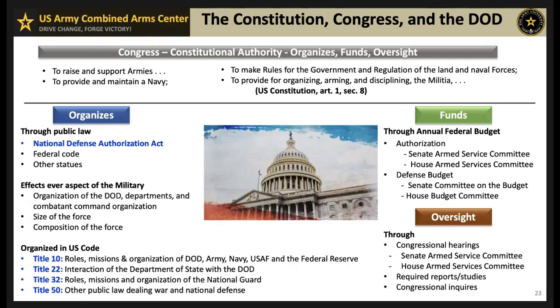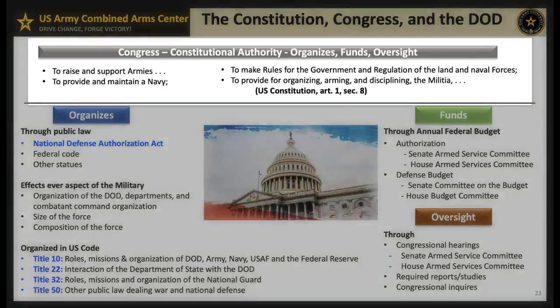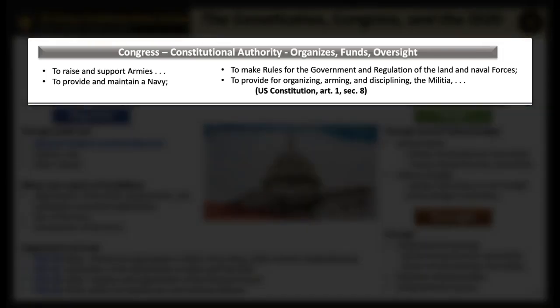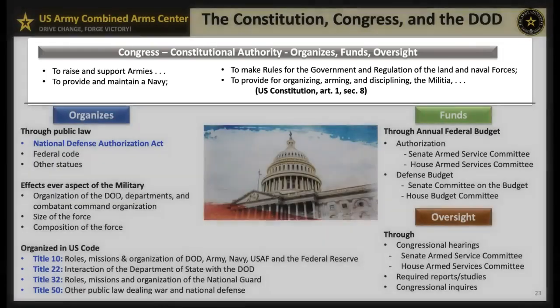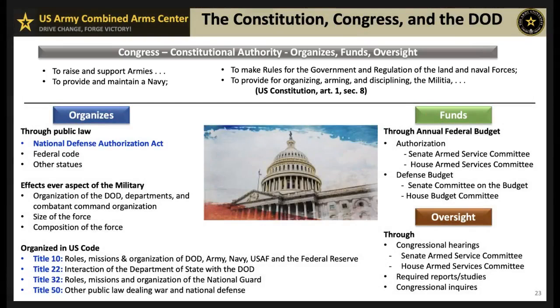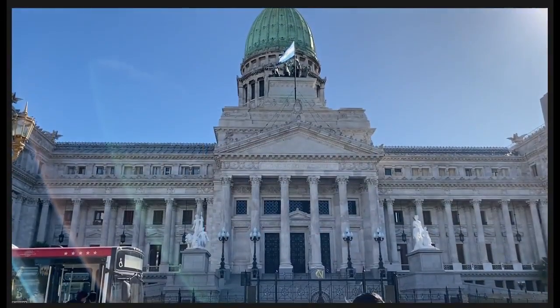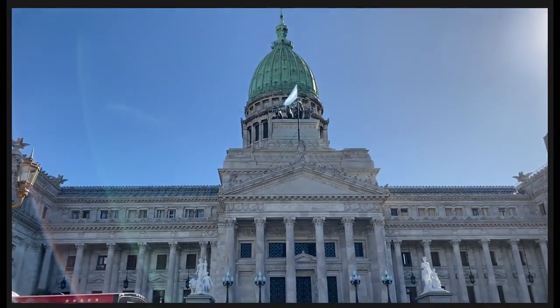This slide illustrates Congress's constitutional authority over the military, emphasizing its roles in organizing, funding, and oversight. Congress organizes the military through public laws like the National Defense Authorization Act, which impact the size, composition, and structure of the Department of Defense.